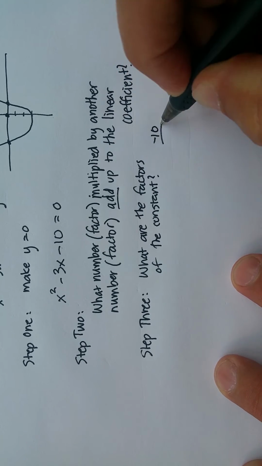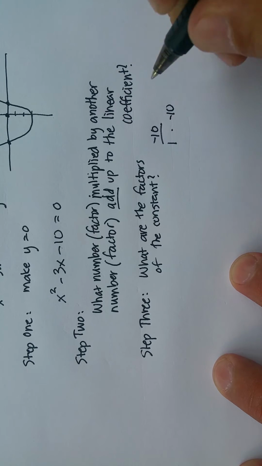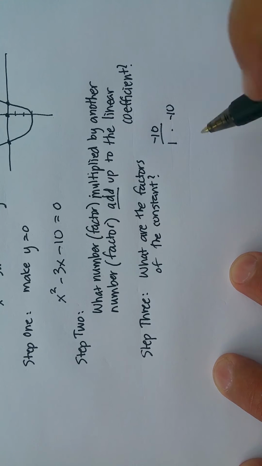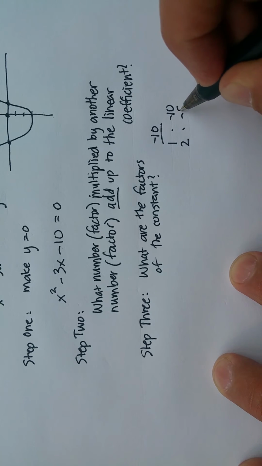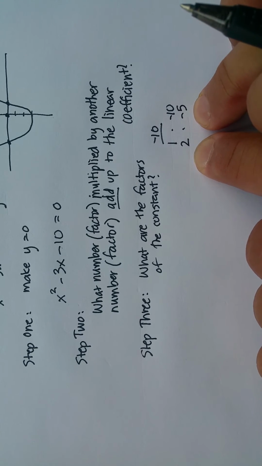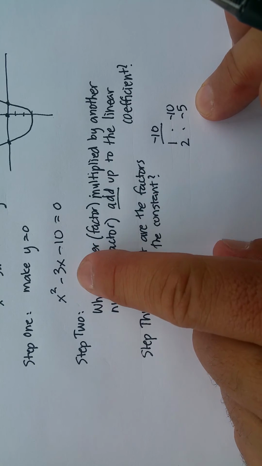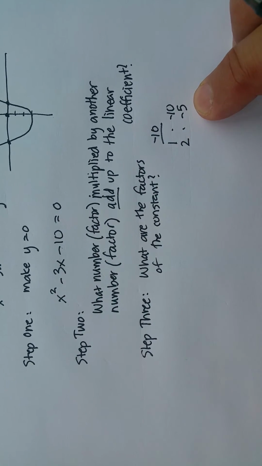So I know that 1 times -10 gives me -10, but when I add those, I get -9, so that doesn't work. Let's try 2. How about 2 times -5? Well, 2 times -5 is equal to -10, but when I add them, aha, I get -3. So these are the two factors I need.